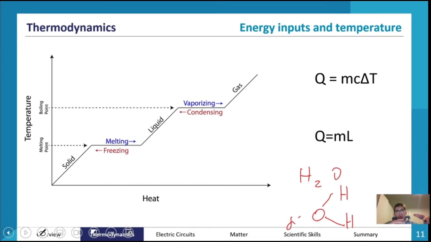Therefore, it will form a relative negative polarity towards its end. Then, towards the end of the hydrogen, that would be a relative positive polarity. That is, the water molecule itself will be a dipolar molecule with one negative pole and one positive pole.